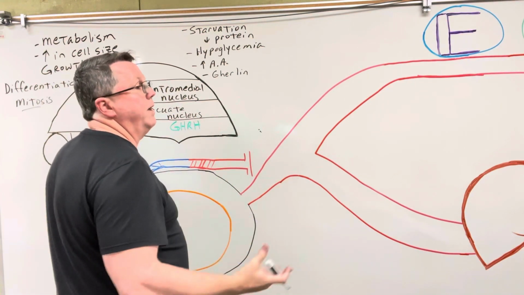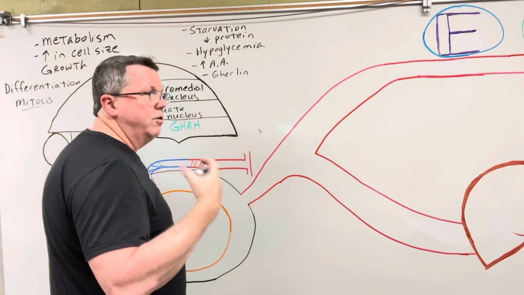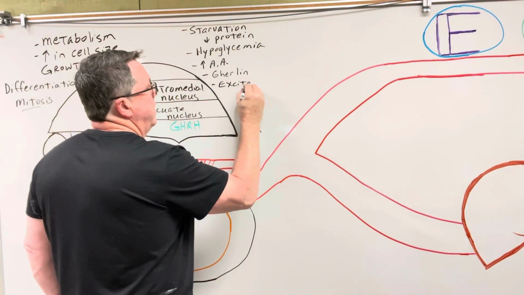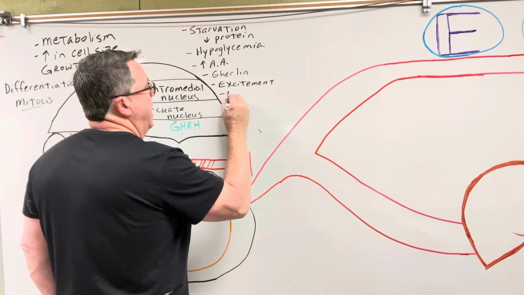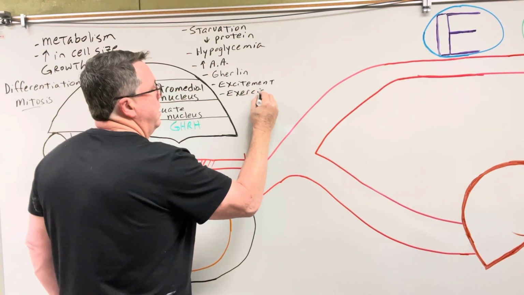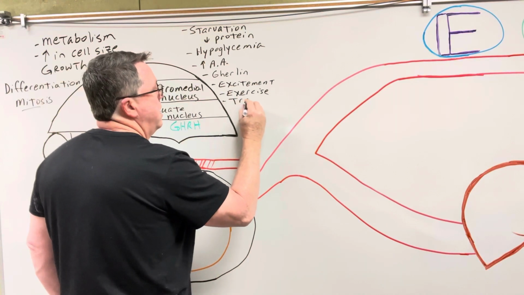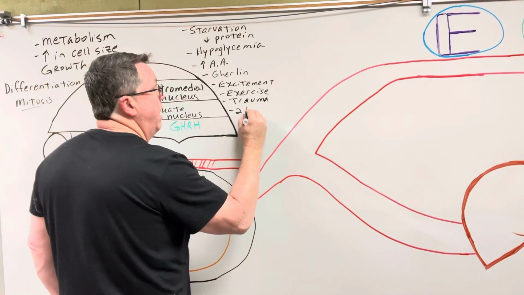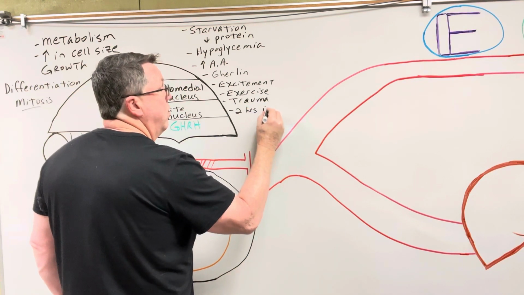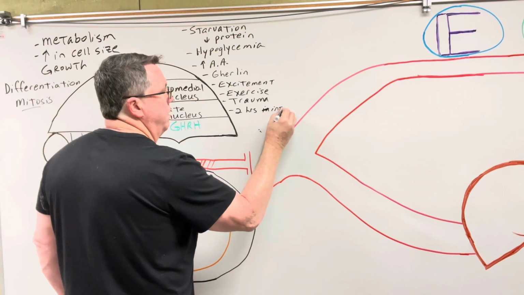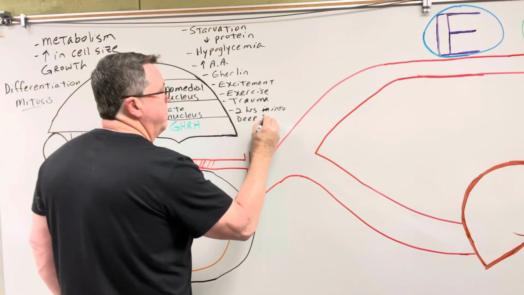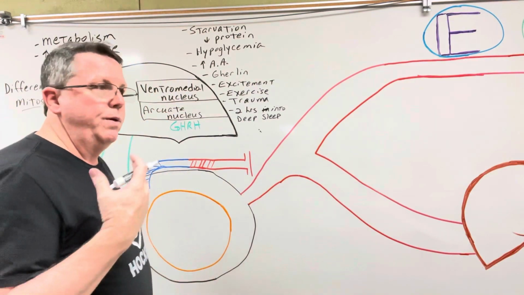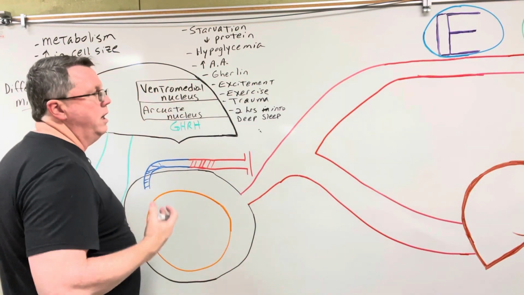We can get this in times of excitement, and also when we exercise. If there's trauma, it may cause an increase in this. It can also increase 2 hours into deep sleep: you have deep sleep, and then about 2 hours later it's released. Other hormones that can cause it to be released are the catecholamines, serotonin, and dopamine.